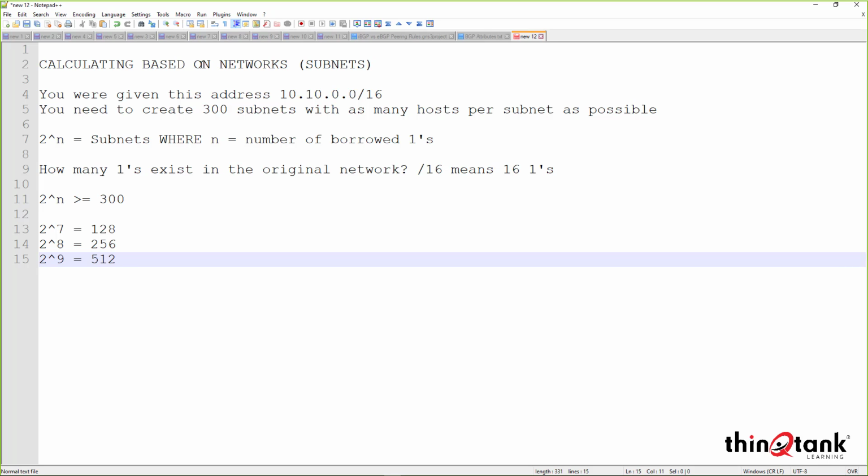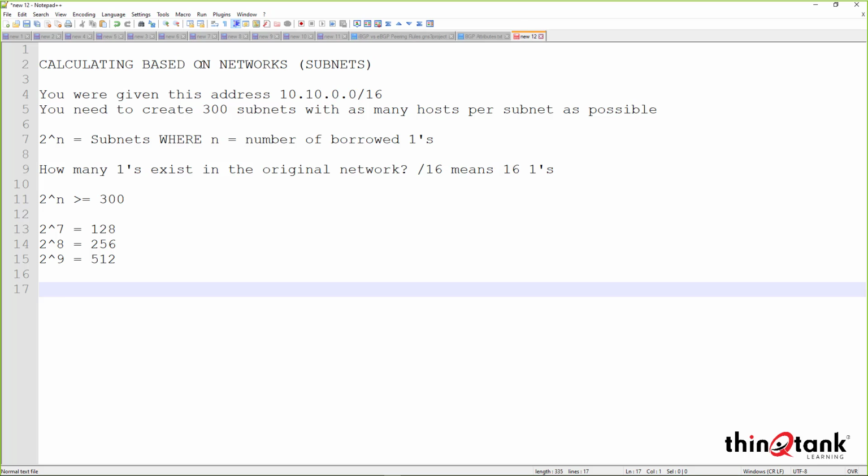In other words, I can't get to 300 subnets exactly, can I? Because we're using powers of 2 math. If I did 2 to the power of 8, that's only going to give me 256 subnets. If I do 2 to the power of 9, that's 512. That's the best I can do.